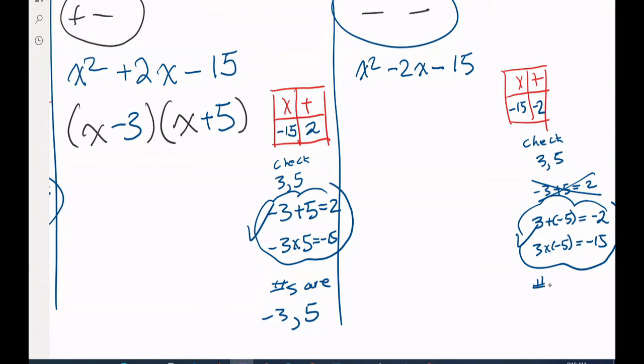So then the numbers are negative 5 and 3. So now we'll go and make our brackets for our factorization. So we've got x and x again, and then we're going to use negative 5 and positive 3 as our solution.